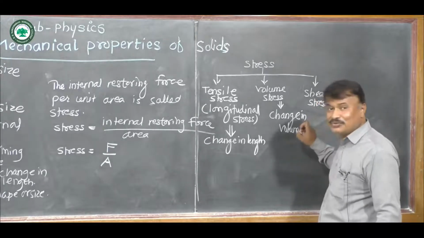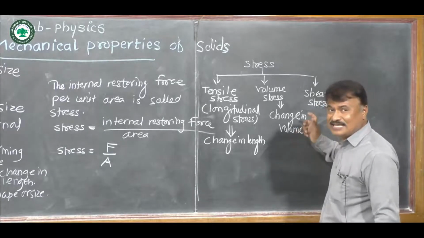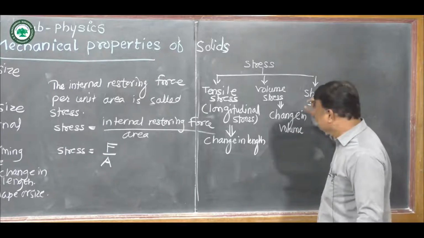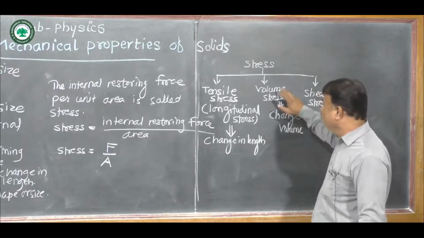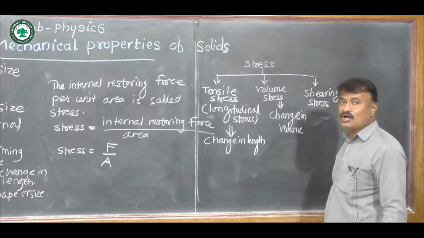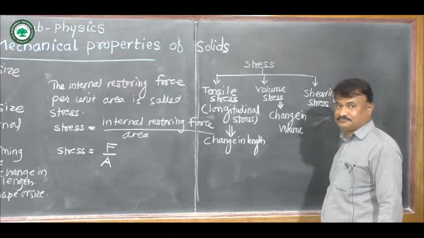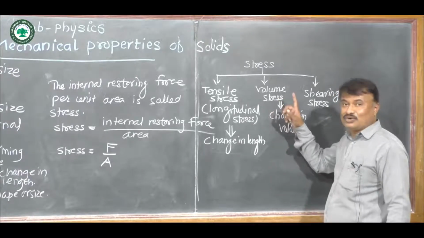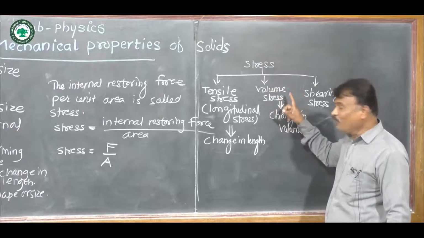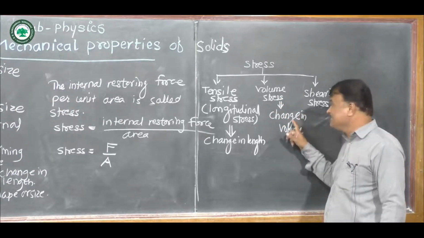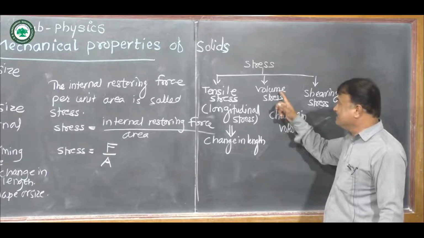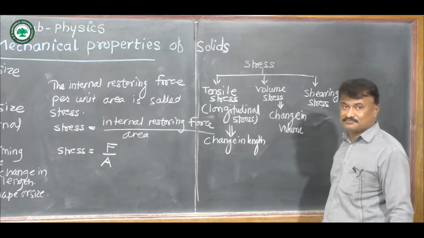Here we consider only change in the size, meaning there is change in its volume, therefore this stress is called volume stress. So remember this volume stress. What is volume stress? When deformation consists of change in volume, then stress is called volume stress.